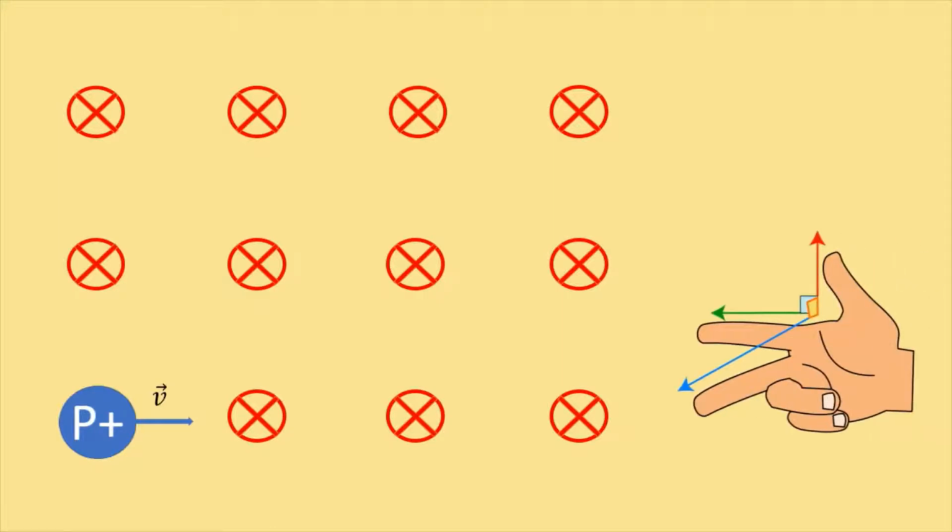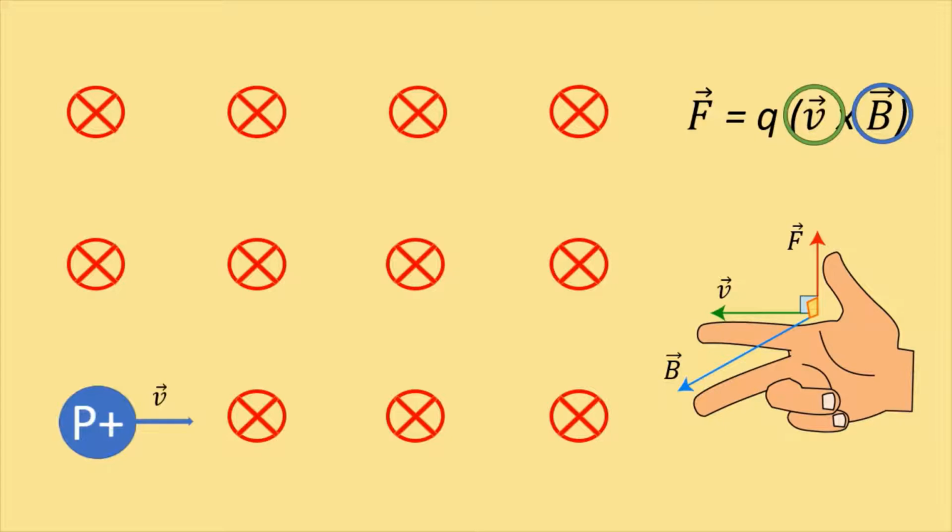So we take our right hand and the equation, and the direction where the thumb is pointing will be our force, or the final product of the cross product. Then our index finger will be the velocity vector, and the magnetic field will be our middle finger.